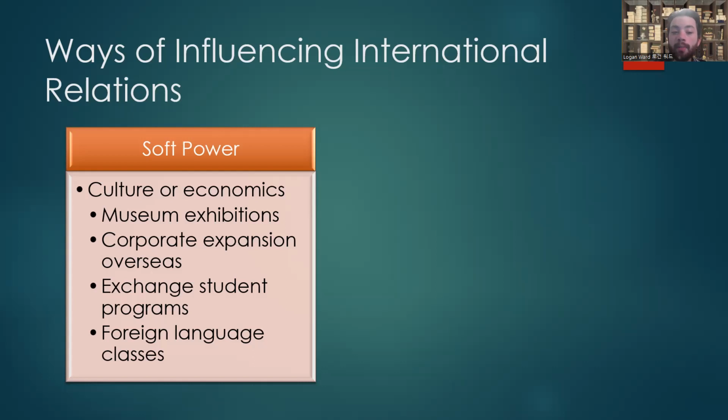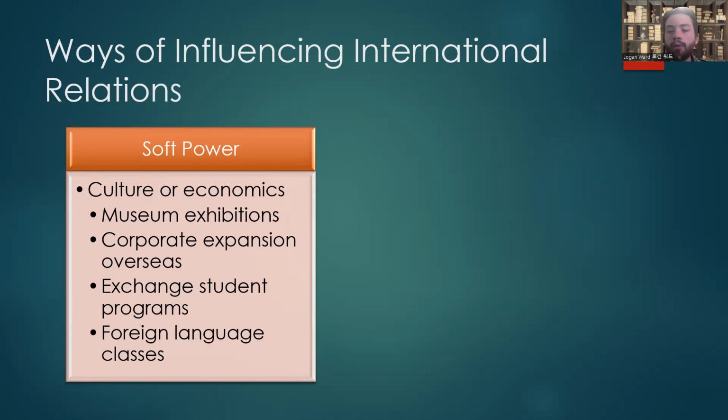If you've ever participated in an exchange student program or foreign language class, like I have, both, these are actually forms of soft power, ways of using this idea of culture in a very vague sense to get people of two different nations to interact with each other and learn about each other. And so that's a way of doing soft power.